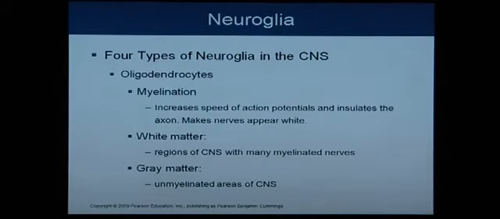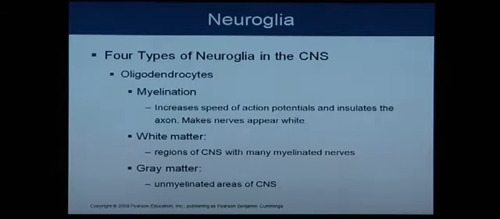Okay? So continuing our talk about the original 4 types of neuroglia in the central nervous system, we had the oligodendrocytes. And remember, the oligodendrocytes are similar to Schwann cells, but the oligodendrocytes are found only in the central nervous system.